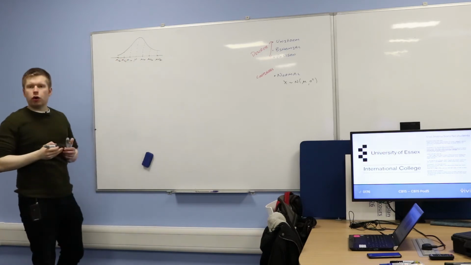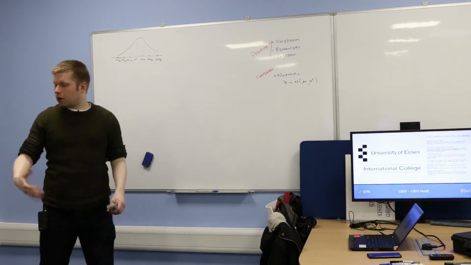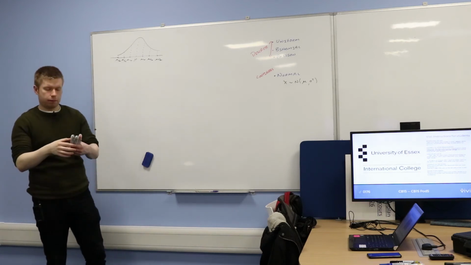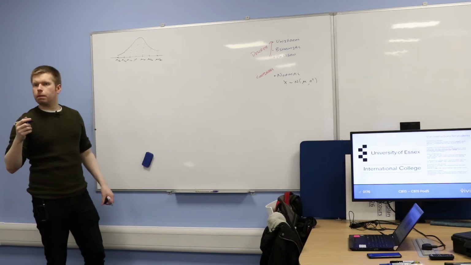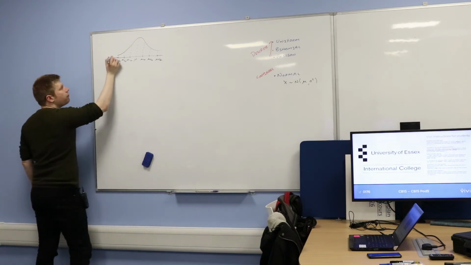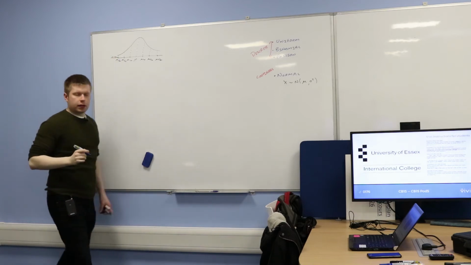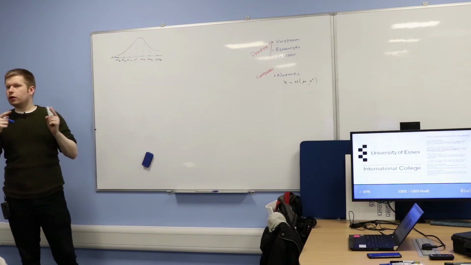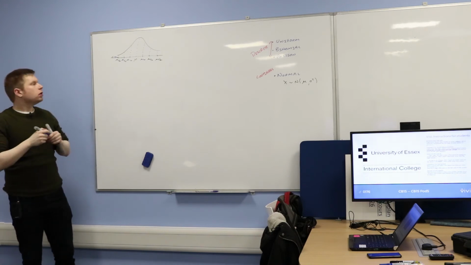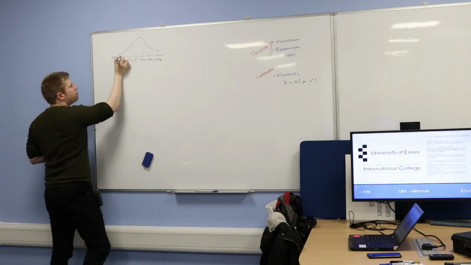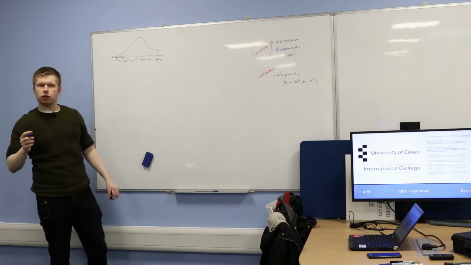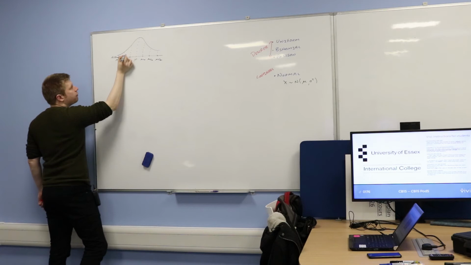So can anybody remind me how much data did we expect less than 3 standard deviations below the mean? Is it 0.35 or 0.15? 0.15, I think, isn't it? Yeah, fantastic. How much data should we expect between 3 and 2 standard deviations? 2.35%. Good. How much data should we expect between 1 and 2 standard deviations? 13.5%.